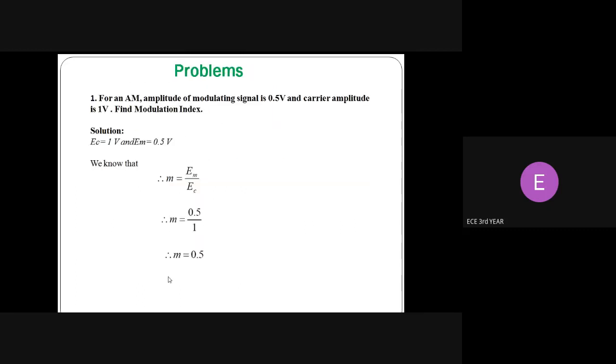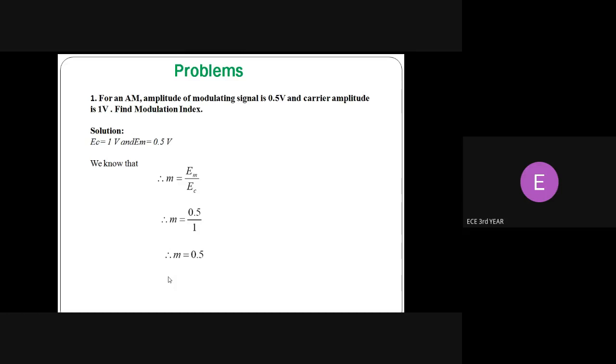Okay, from here, we're going to see some basic problems, how we're going to solve things in amplitude modulation. First, we will take the question for an AM amplitude modulation signal. The amplitude of the modulating signal is 0.5 volts. Whenever we represent the amplitude, we represent it in terms of volts.